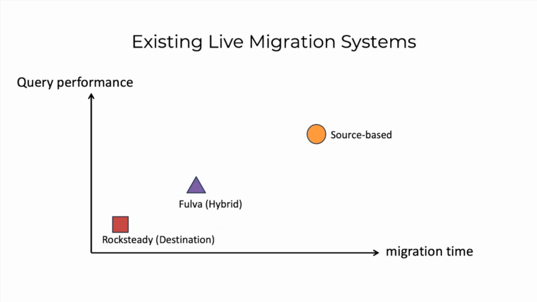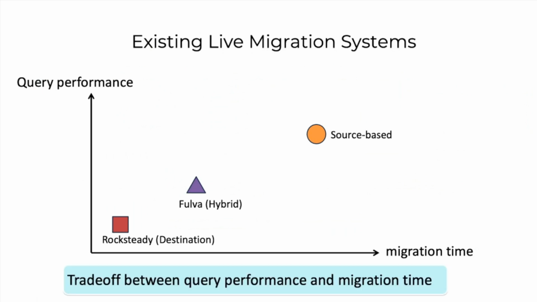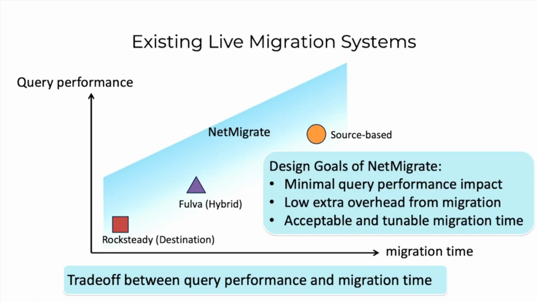And hybrid Fuwa stands in the middle. We see that they suffer from trade-offs between query performance and migration time. Therefore, we propose NetMigrate to achieve three goals: minimal query performance impact, low extra overhead from the migration, and acceptable and tunable migration time.